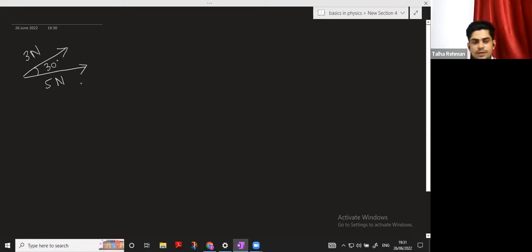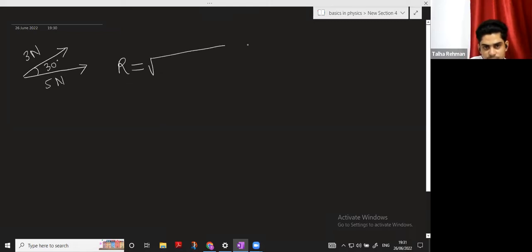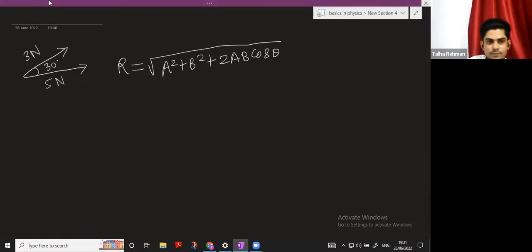So for the resultant, the formula is a square plus b square plus 2ab cos theta.